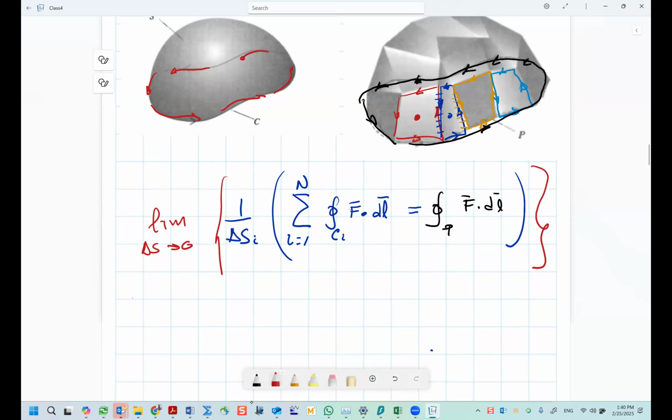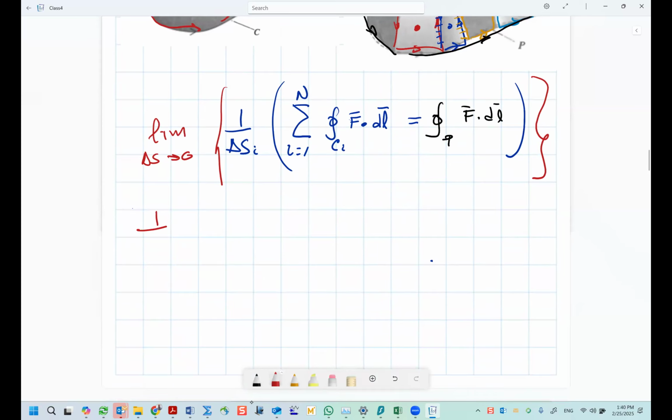Now, if you move this thing in, you're going to have 1 by delta S, and you still have the limit. I'm going to put the limit inside, and leave the sum outside. In fact, it's the sum that I want to get outside. The integrals and sums can commute, no problem. In the end, integrals and sums are the same, but I want to leave the sum at the end.